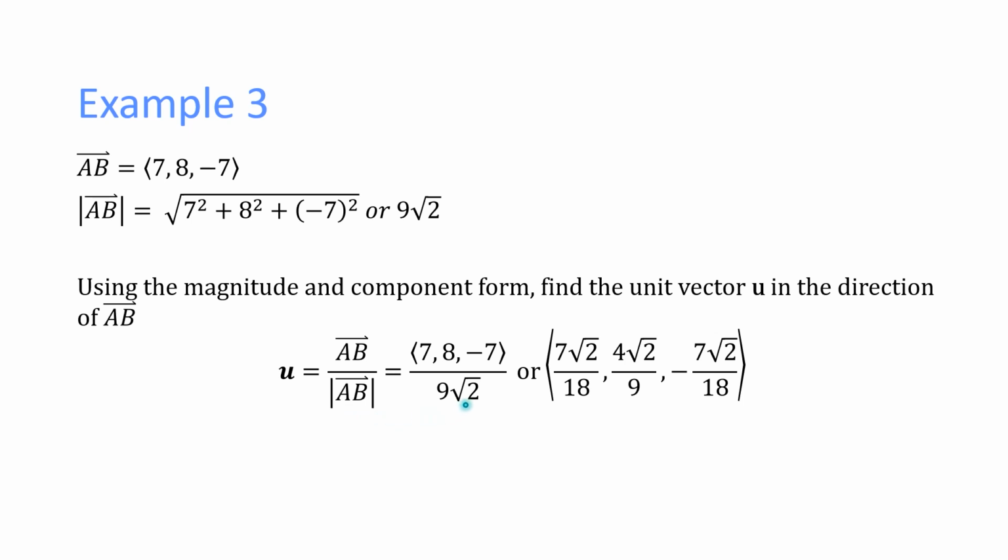So we have 7, 8, -7 divided by 9 root 2. And if we were to simplify this, it would equal 7 root 2 over 18, 4 root 2 over 9, and -7 root 2 over 18.